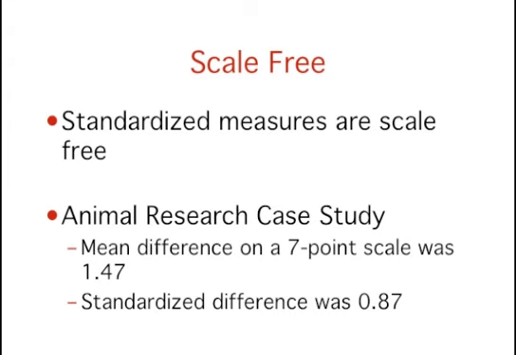The mean for women was 5.353, the mean for men was 3.882, and MSE was 2.864. Therefore, Hedges' g is 0.87. It is more meaningful to say that the means were 0.87 standard deviations apart than 1.47 scale units apart, since the scale units are not well defined.